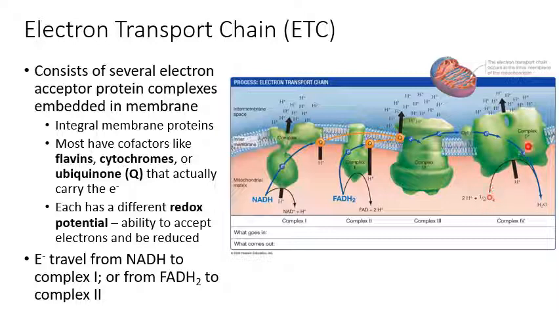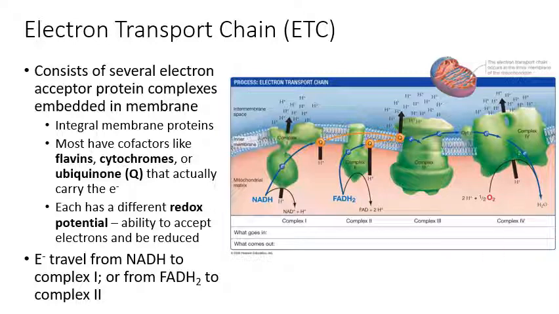So you have to have a very high redox potential in order to accept them, which oxygen does. And so oxygen will pick up these electrons from complex 4, and it'll also pick up a couple protons from the solution inside the mitochondrial matrix, and that'll give you water.